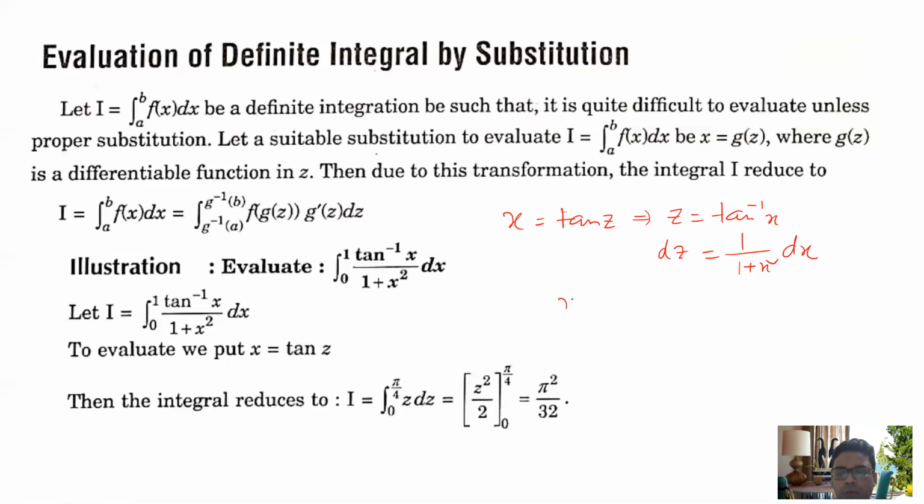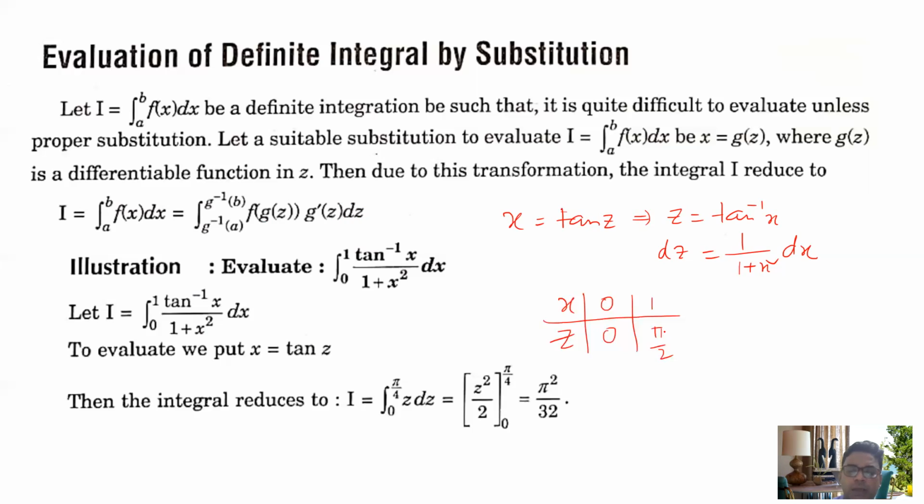Now when you transform to z, when x equals 0, z is also 0 by default. Now when I put x equals 1, tan inverse 1 means pi by 4.